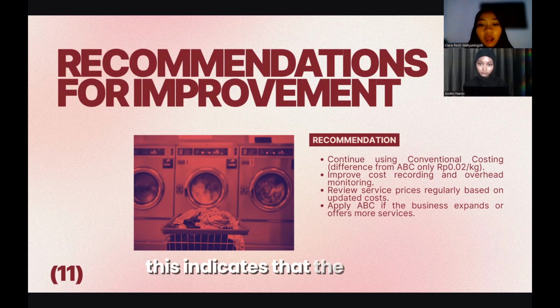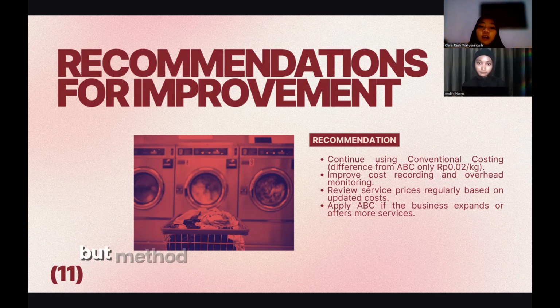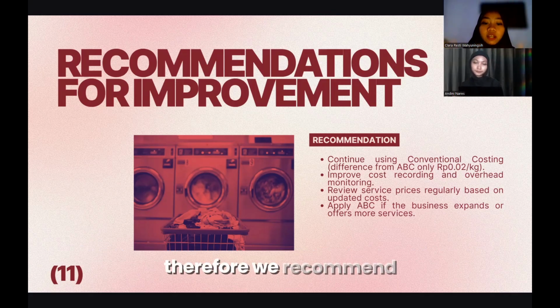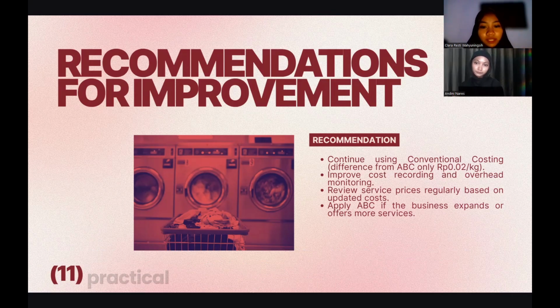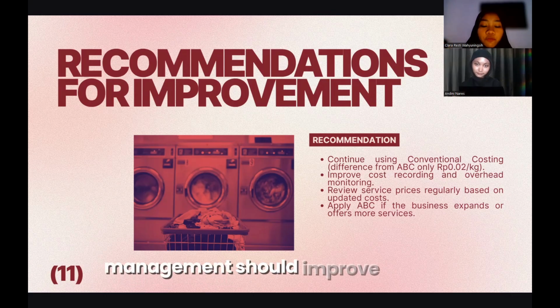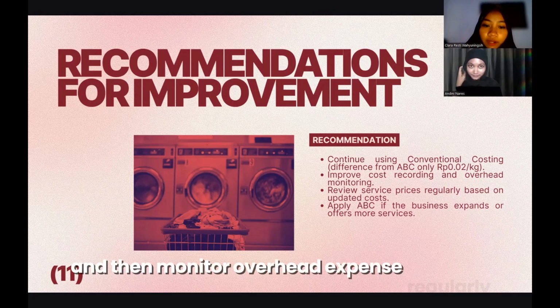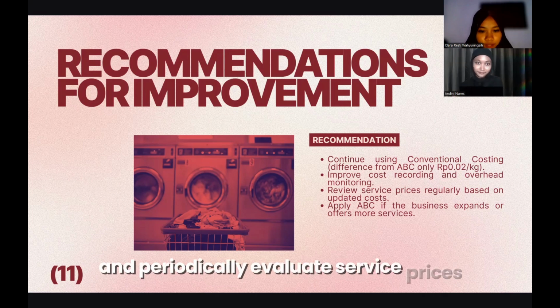This indicates that the current laundry operation is relatively homogeneous, causing both methods to produce nearly identical cost estimates. Therefore, we recommend continuing to use the conventional costing method because it is simple, practical, and efficient for daily operation. However, management should improve cost recording practice, monitor overhead expenses regularly, and periodically evaluate service prices.